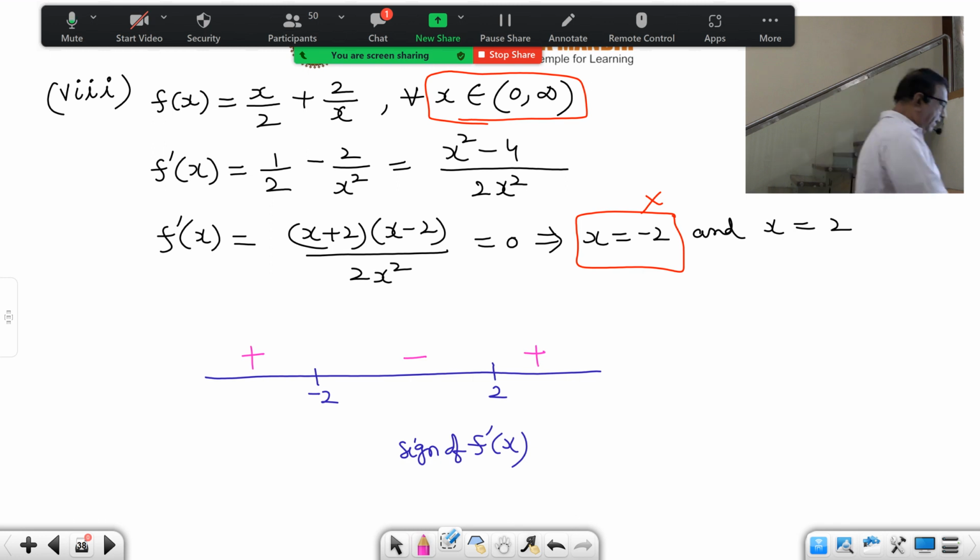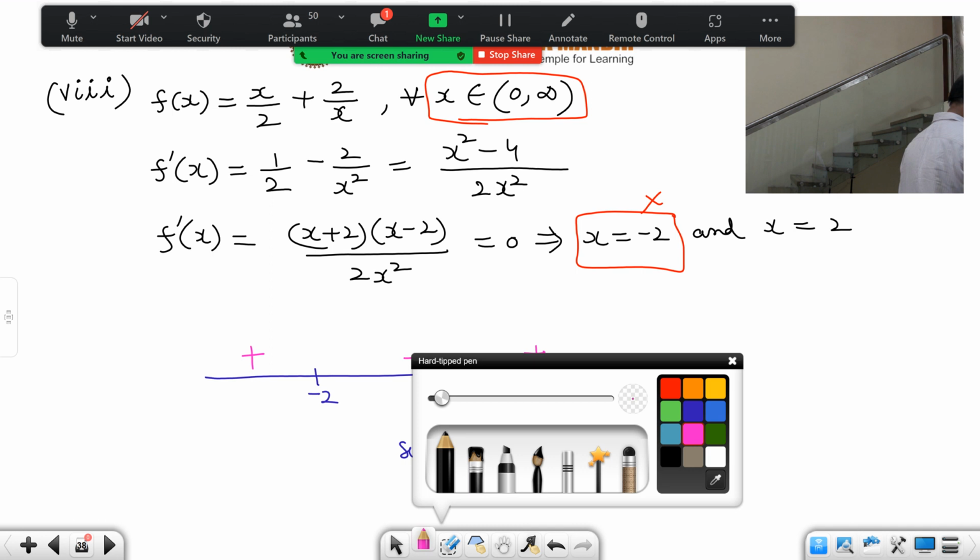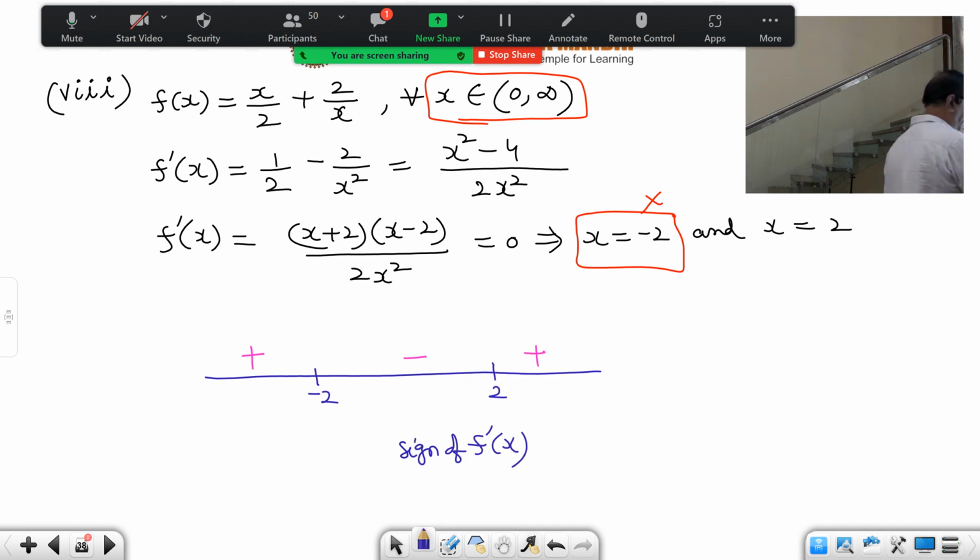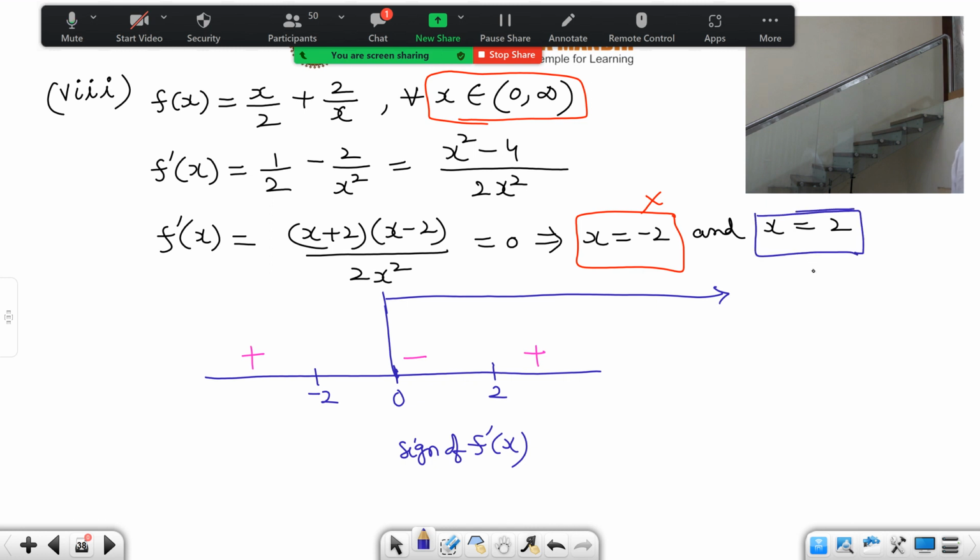So the domain is 0 to infinity. Where is 0? Somewhere here in between. So 0 to infinity, this side. Now, therefore, x equal to 2 is the only stationary point in the given domain, because there the derivative is 0.